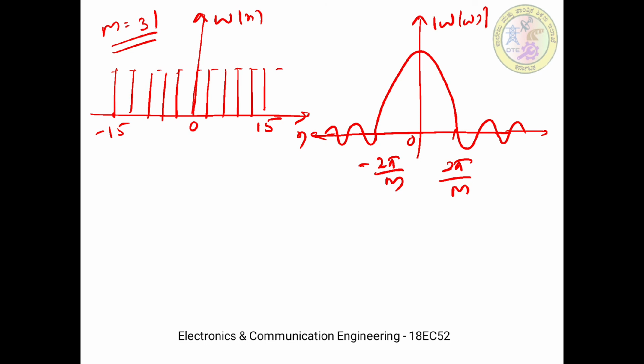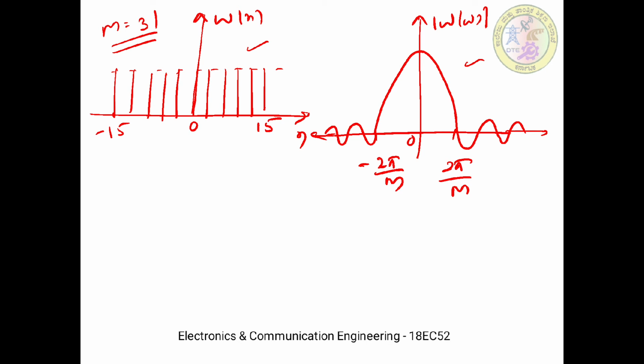So the total width in case of rectangular window will be 4 pi by m. This is the time domain representation and the magnitude spectrum of only the window function. This window function is further multiplied with hd of n, and that product gives us the desired impulse response h of n.